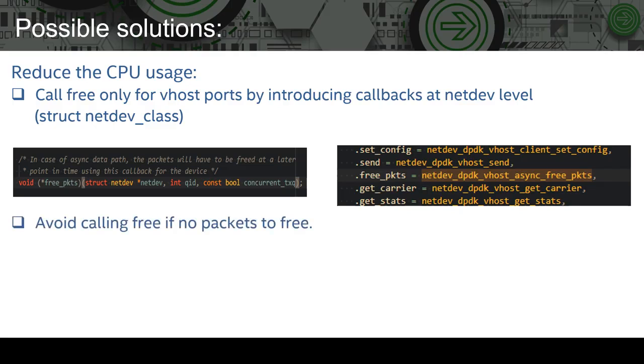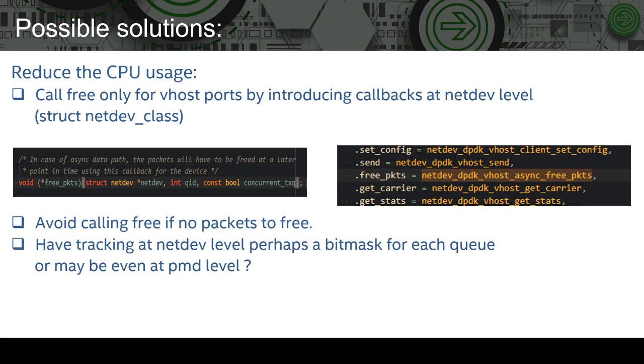We could also avoid calling free if there are no packets to free, instead of simply polling to check the status. So how can we achieve this? We could have tracking at the netdev level itself, perhaps a bit mask for each queue, or even at the PMD level. When we tried this, the CPU consumption came down to around 7% as compared to the previous 60.